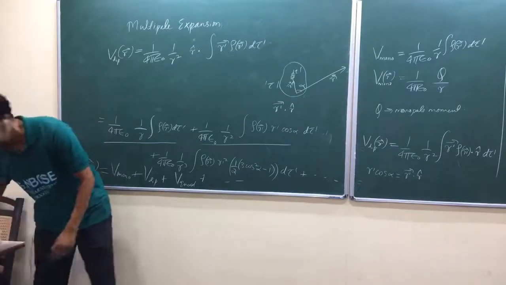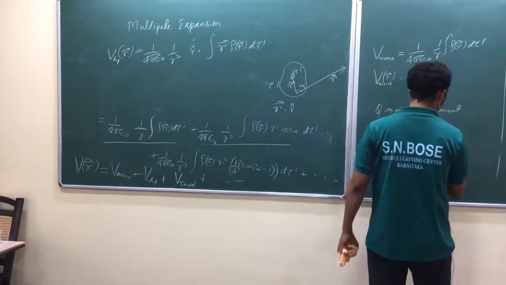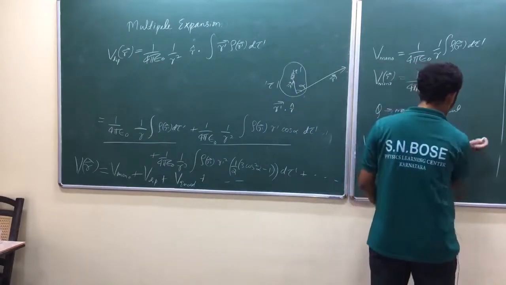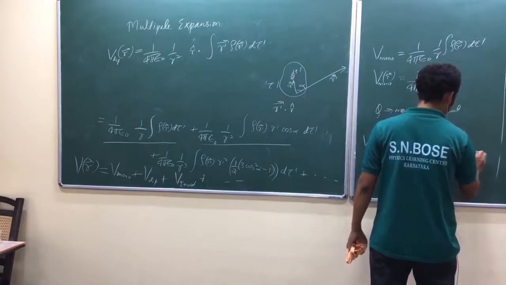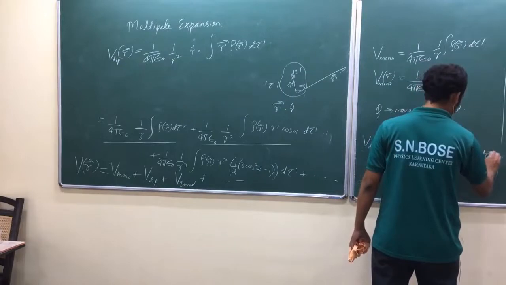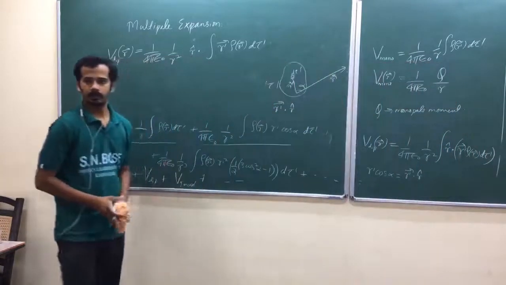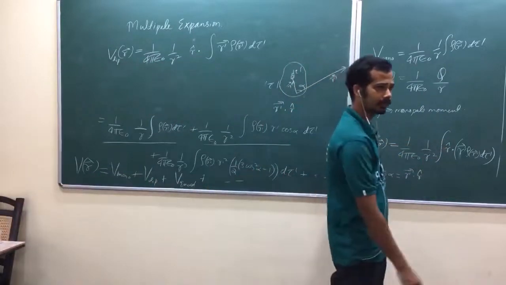Or if you are not feeling comfortable, you better write like this: r cap dot r prime vector, rho of r prime vector d tau prime. Is that okay? That d tau is scalar, rho is scalar, r prime is a vector.